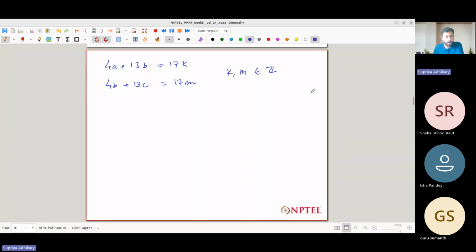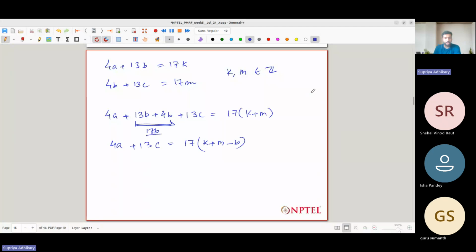Now we can add these together and get that 4A plus 13B plus 4B plus 13C is 17K plus 17M. And we can write this as 17(K plus M minus B), because this will be nothing but 17B, and we can take this to the right hand side and we will get this equation. K, M, B all are integers, and therefore we can say that this is divisible by 17.